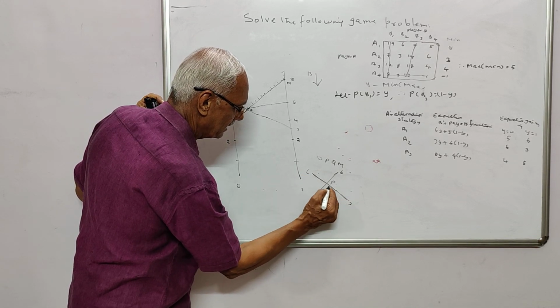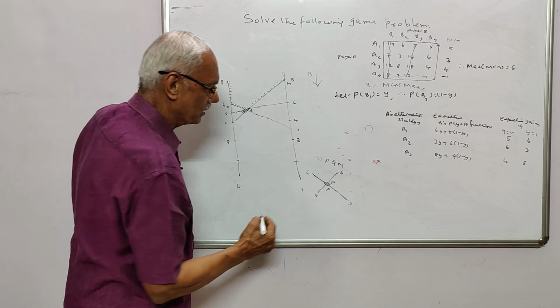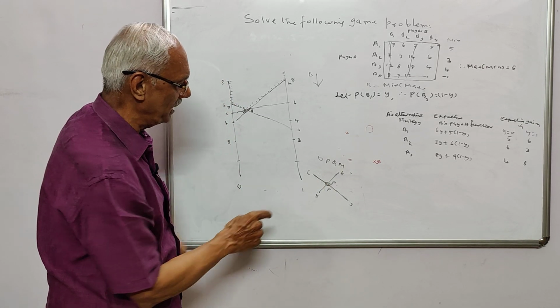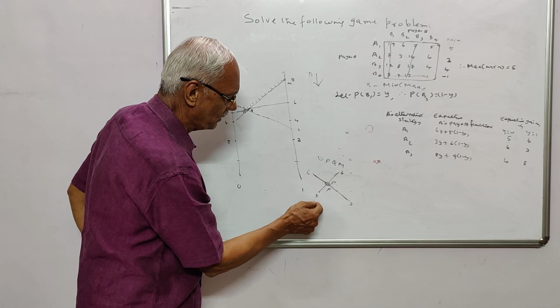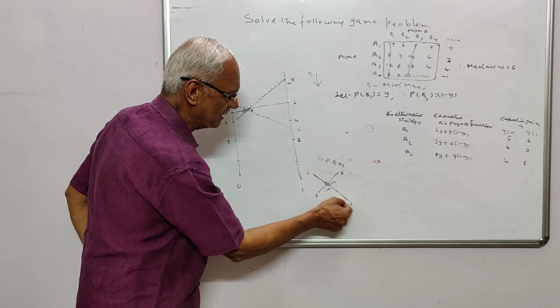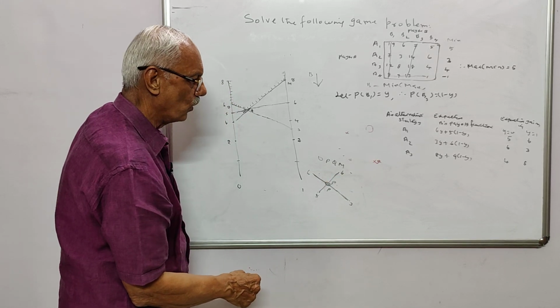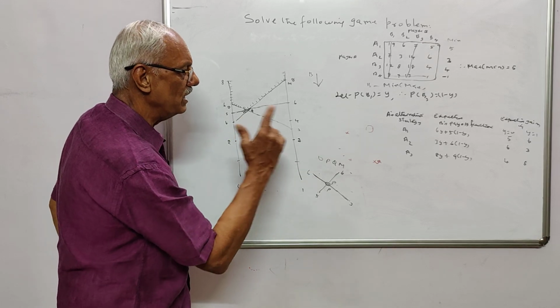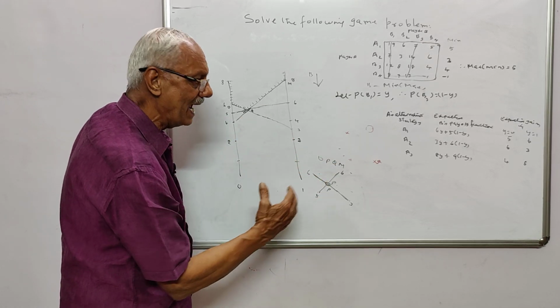So this is the point P, which is nothing but the intersection of the lines joining 5 6 and 6 3, and therefore correspondingly you will choose that 2 cross 2.